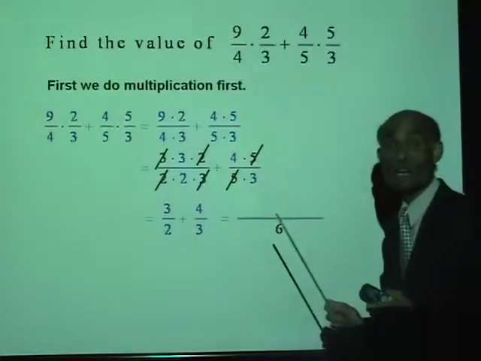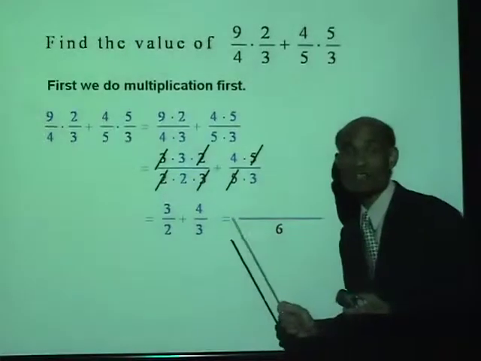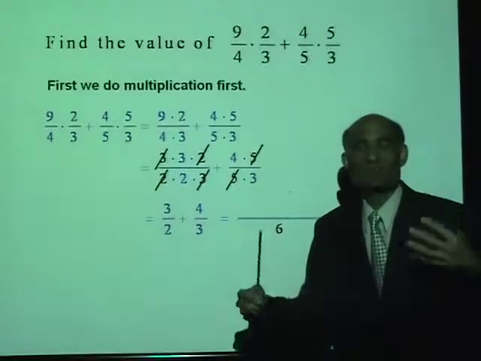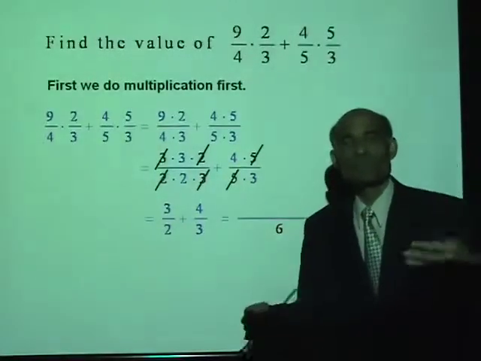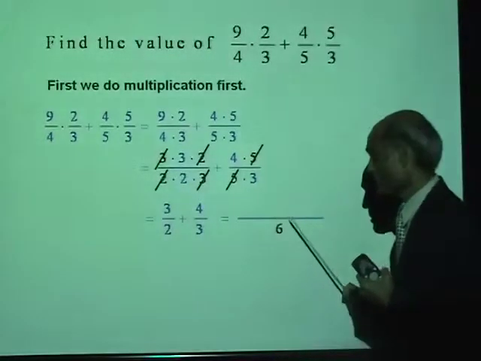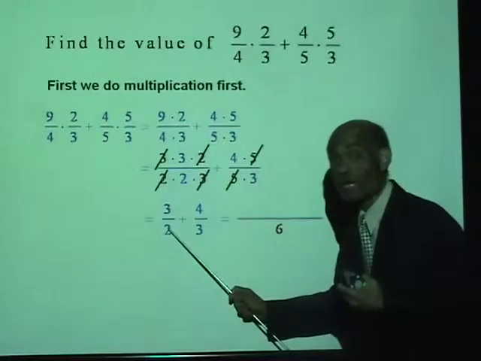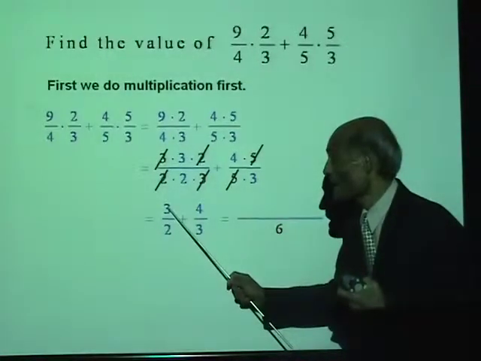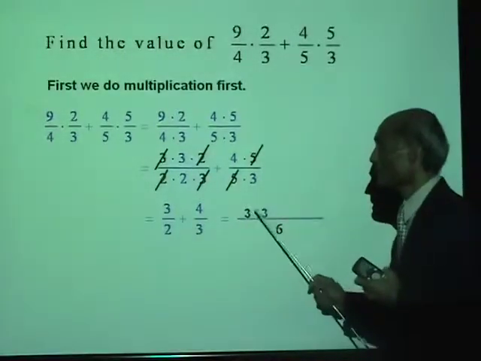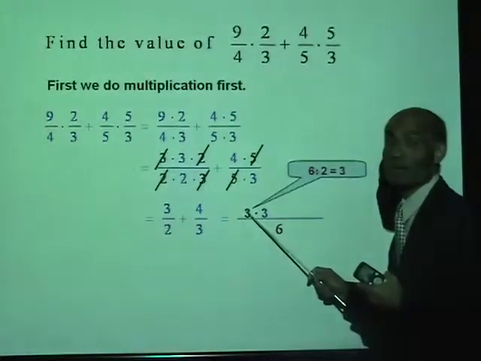Now we have the lowest common denominator 6, and we have the big line waiting for us to construct the numerator. How do we construct the numerator? I want you to practice this adding and subtracting of fractions. Do a lot of these exercises so that it becomes very clear to you. Look at this. 6 divided by 2 is 3, and multiply that 3 with the numerator 3 and write it here: 3 times 3.